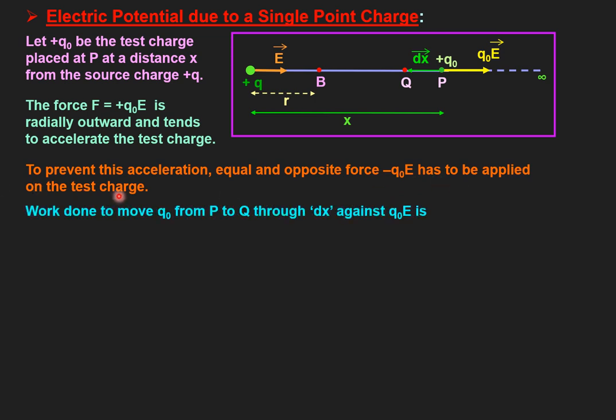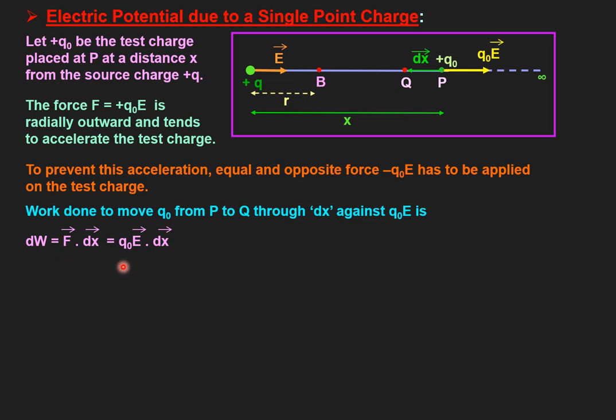Now we are going to calculate the work done. The work done to move the test charge from point P to Q, the intermediate situation we have taken, through a small displacement dx against the electrostatic repulsive force, that is Q naught times E. By definition, work done will be force dot displacement. So force is Q naught times E dot dx. Here we have taken the electrostatic repulsive force, but actually we have to calculate the work done by the external force.